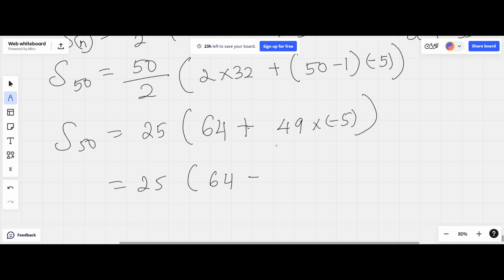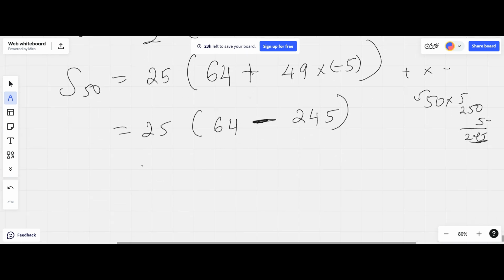Plus into minus will be minus. 49 into 5: 50 into 5 is 250, and here it is 49, one less, so 1 into 5 is 5, you have to subtract 5. So 49 into 5 is 245.